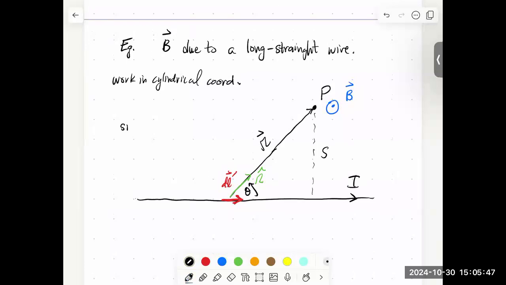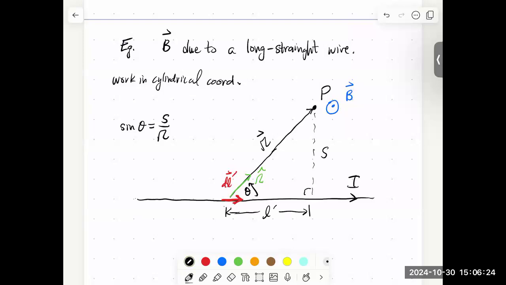So some of the things that will be useful for us is the sine of theta is the opposite over the hypotenuse. And so that's S over the length of script R. What we'll do is we'll make a right angle triangle, and we'll say the base of our right angle triangle is L prime.